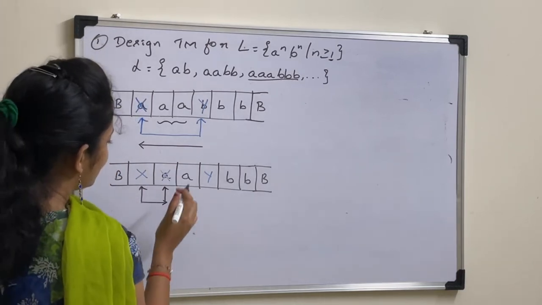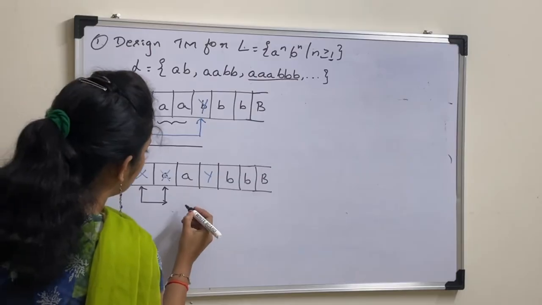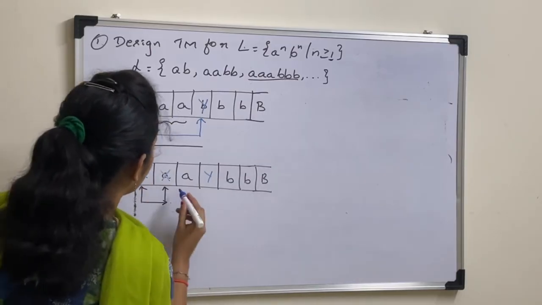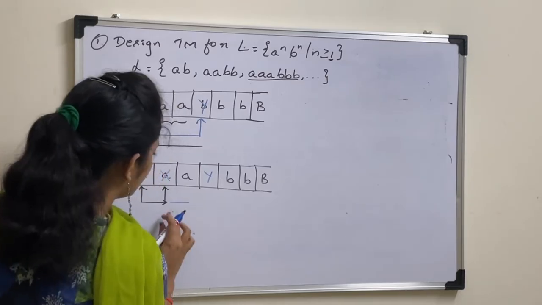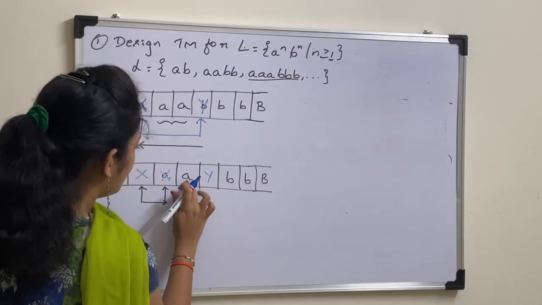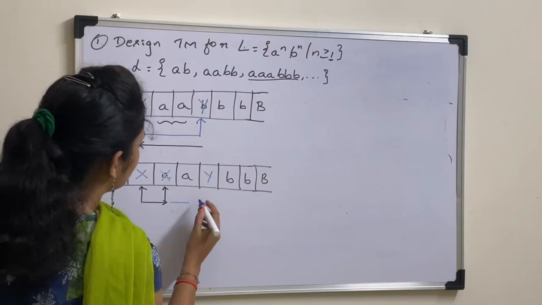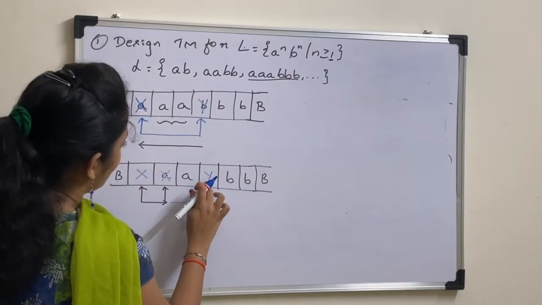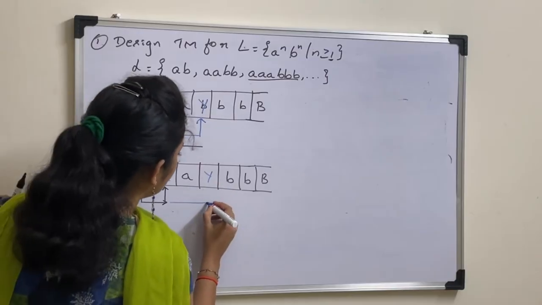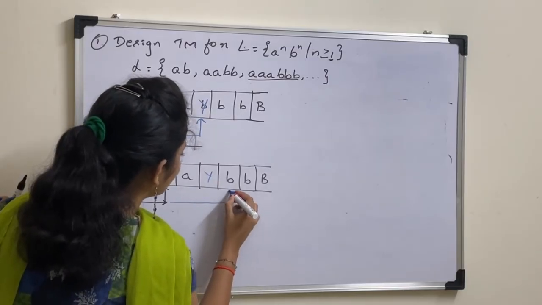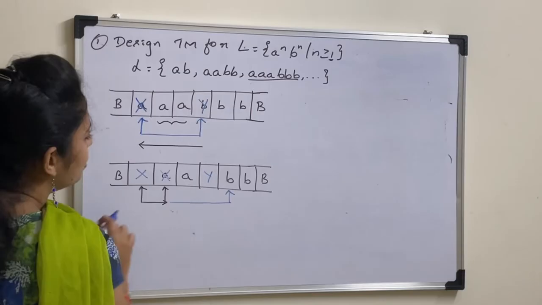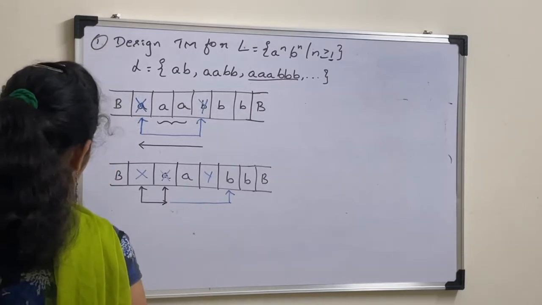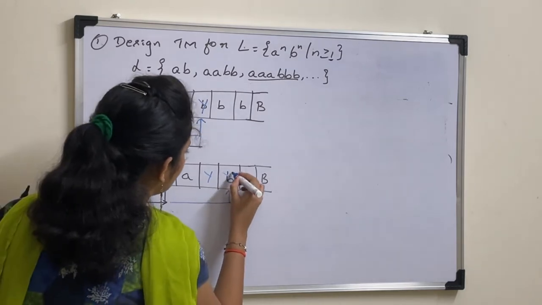What's the next procedure? Again, you need to move towards the right side one position at a time. First you move to the right, you get A, so do nothing on A. The next symbol is Y. Again do nothing on Y, and you need to move till you get the input symbol B. When we get this B, you need to mark that symbol with Y.